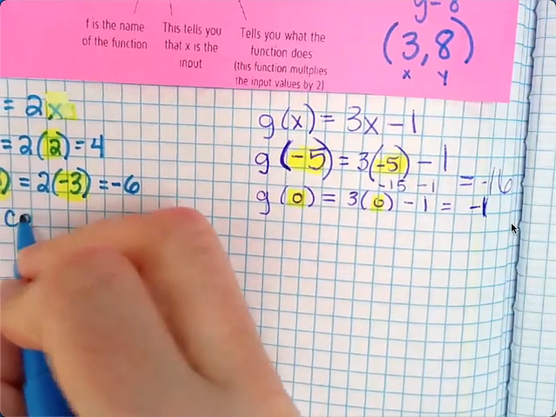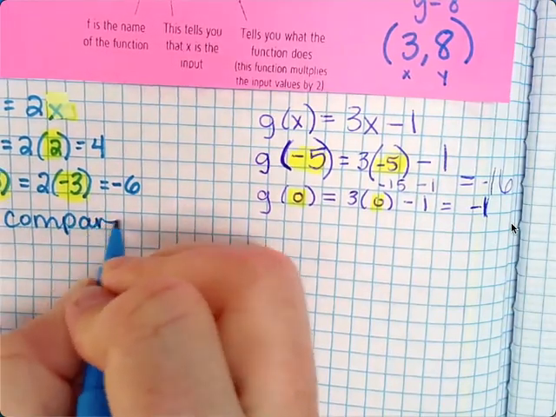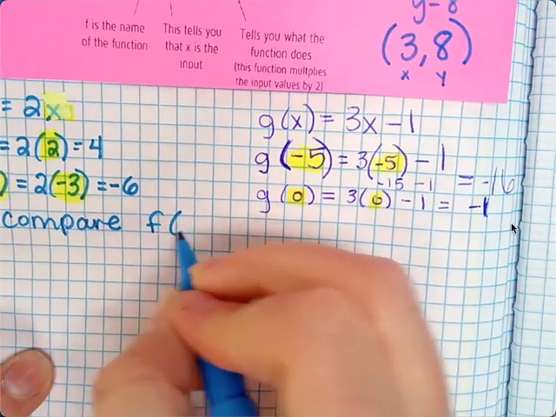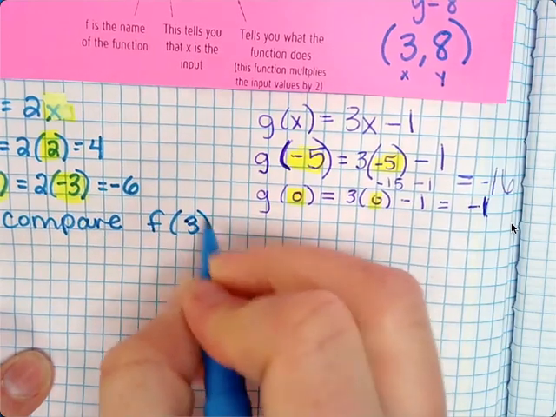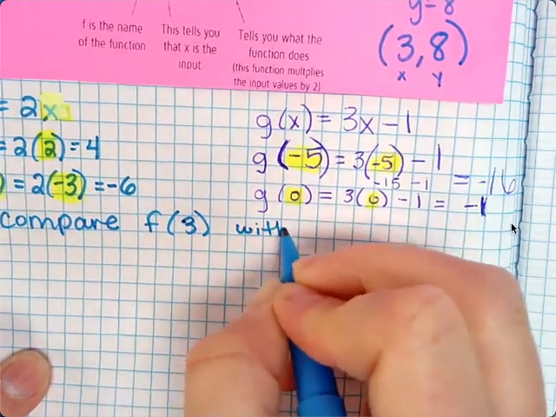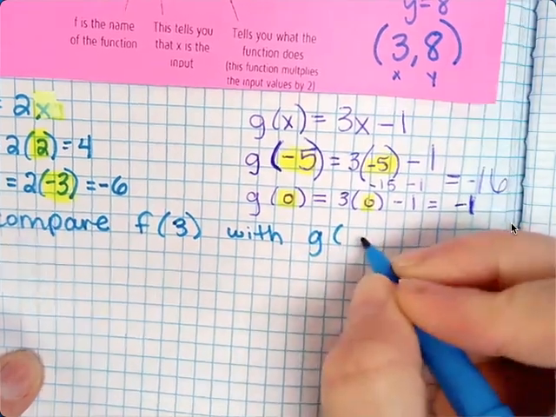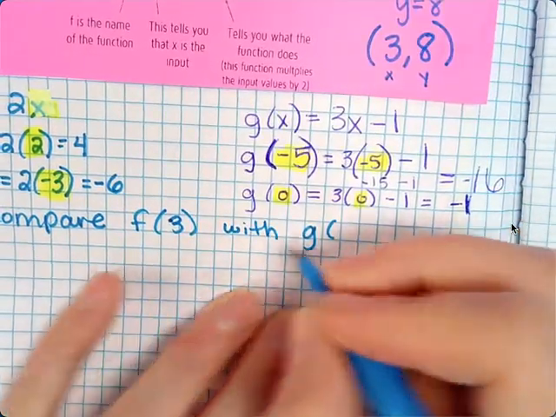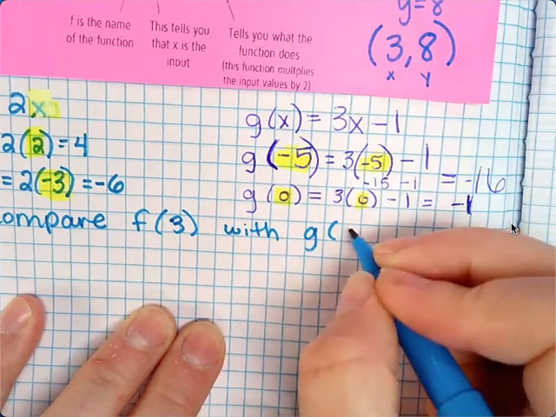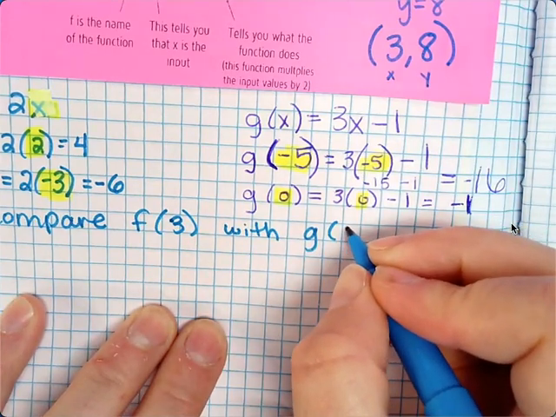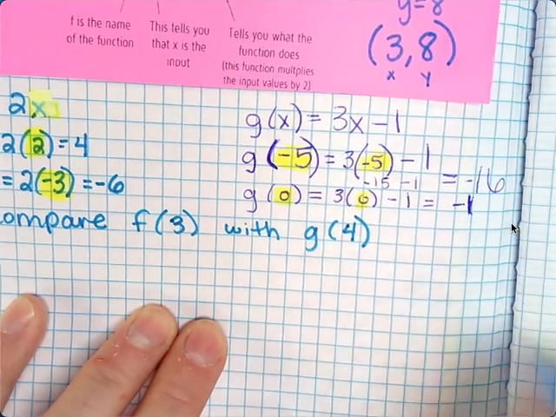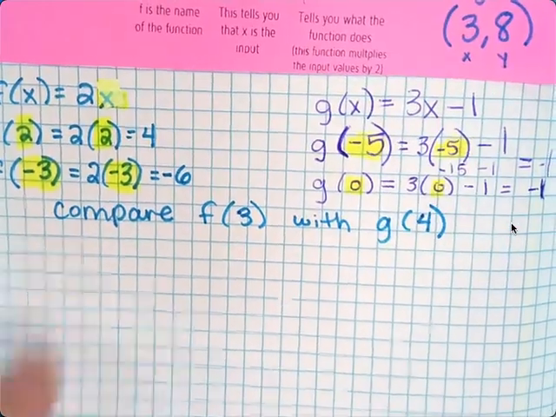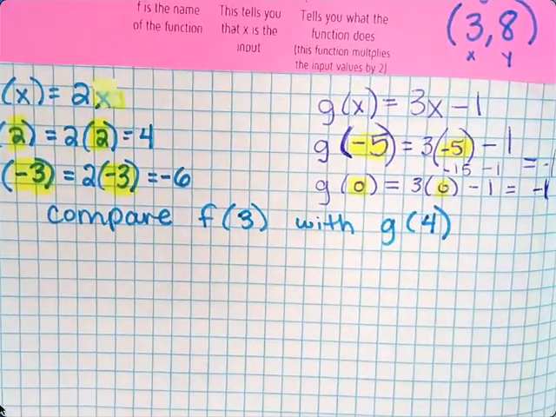All right, let's compare f of 3 with g of 4.